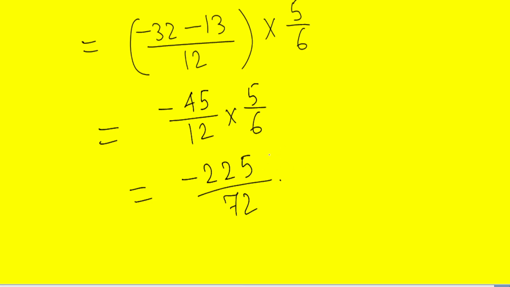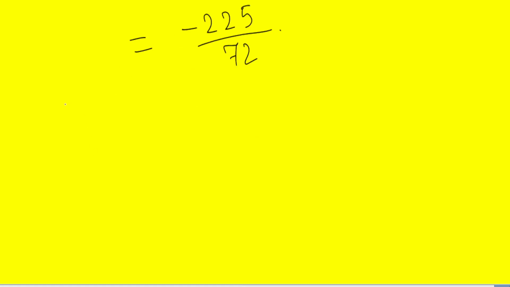This is clear to you. Now when you solve the right hand side, you will also get minus 225 upon 72 in order to verify this question. So let's see what is the value of right hand side.